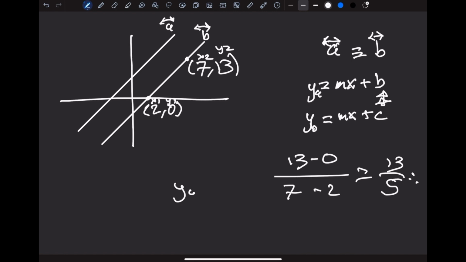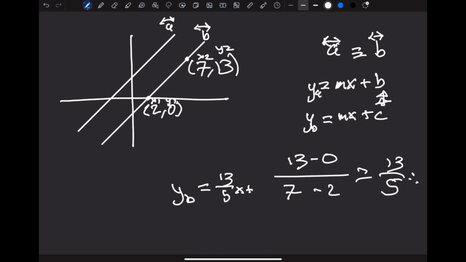So now, we'll do YB. So we know YB is equal to 13 over 5 x plus dot dot dot, because we do not know C in this case yet.